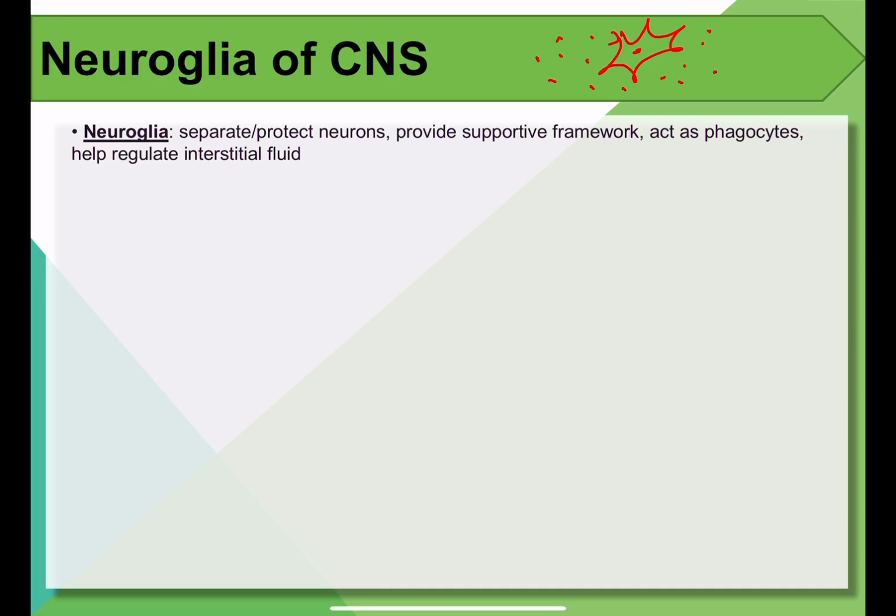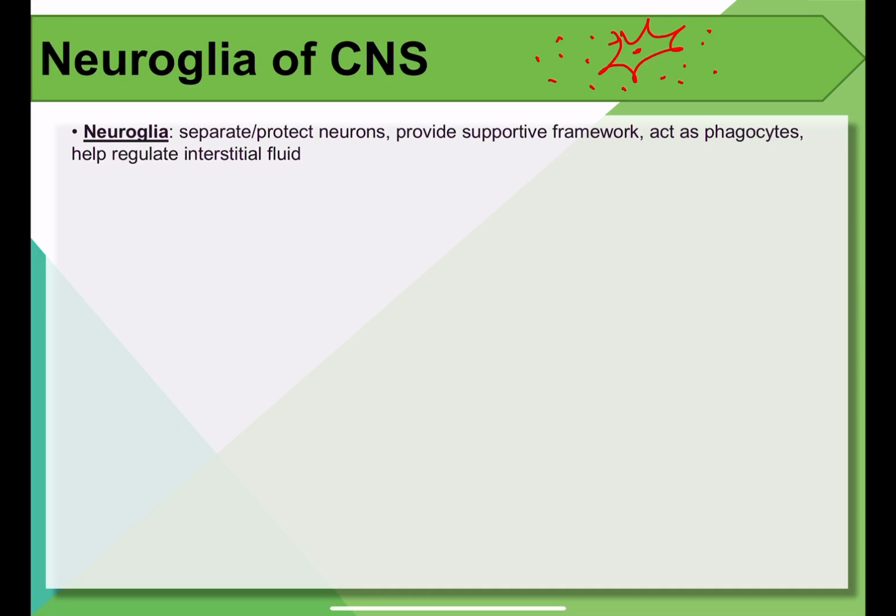There are actually different neuroglia for the central nervous system and different neuroglia for the peripheral nervous system. And we'll talk about what they are responsible for and what they do. In general, neuroglia are there to separate and protect neurons. So generally speaking, they do have that unified function, which is to, like we talked about, support neurons and give them a framework.